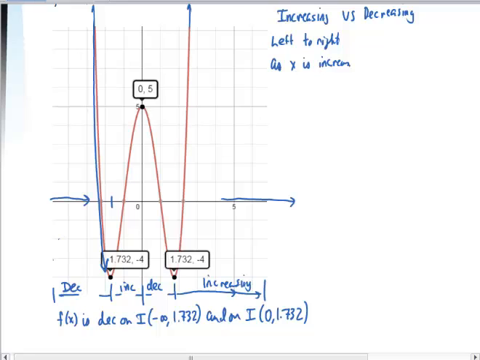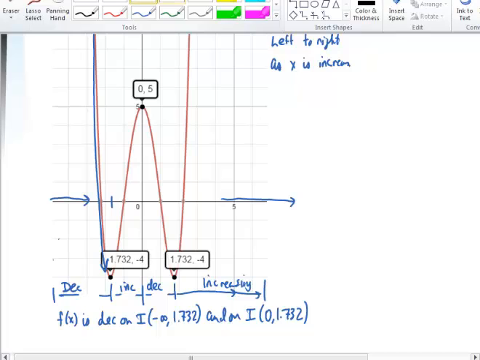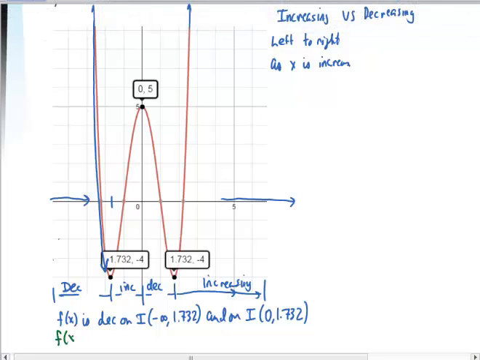And then I would say f of x is increasing on the interval from negative 1.732 to 0.